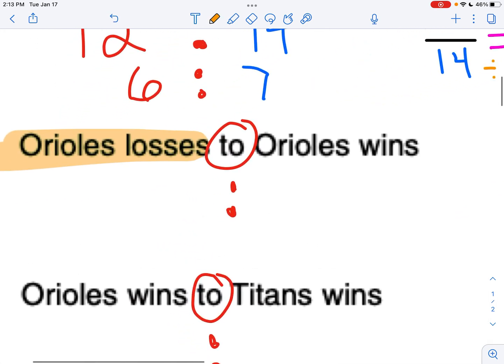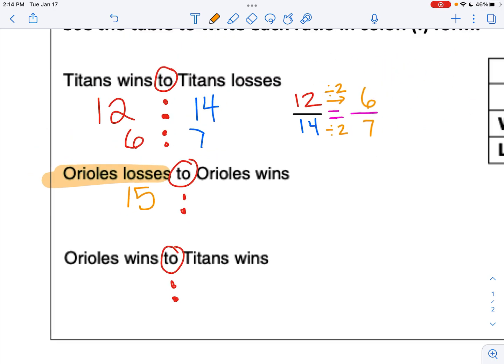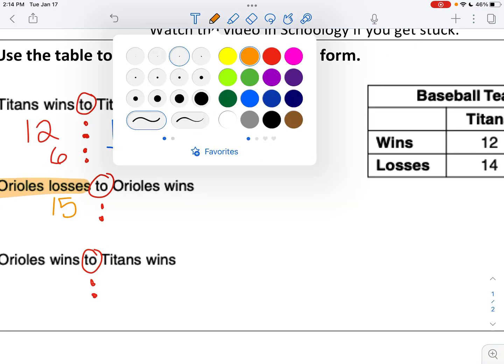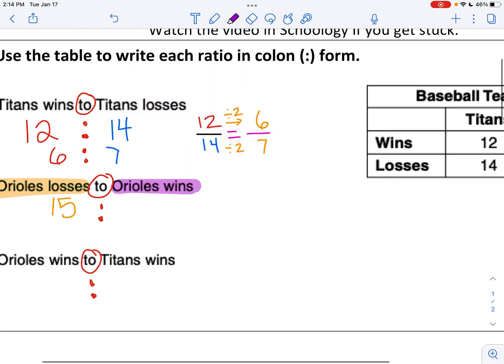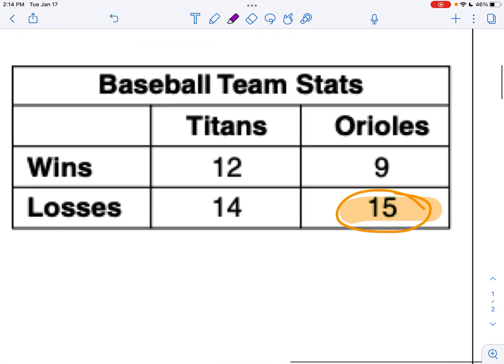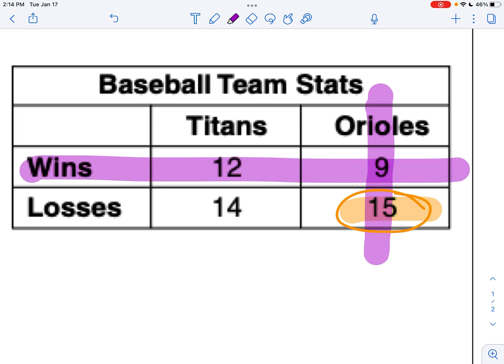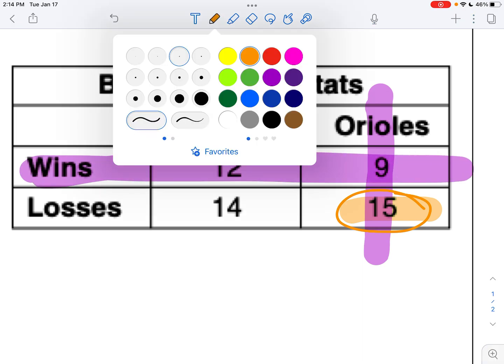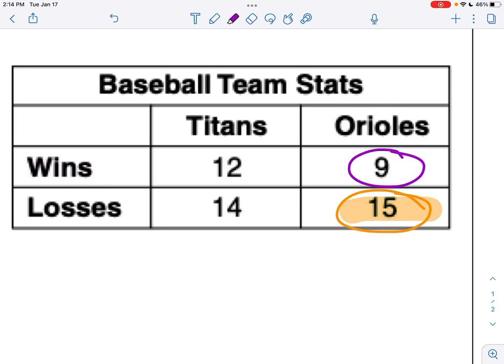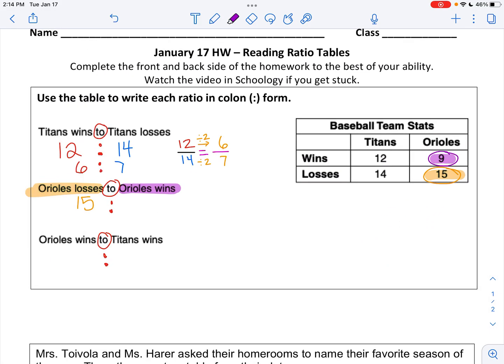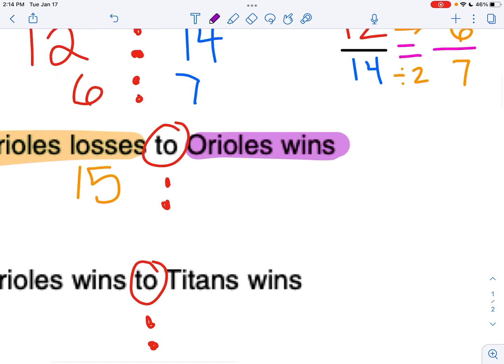Right, 15 here. On the other side, let's use purple. Orioles wins. So now that number looks like 9. Right, 9 underneath Orioles wins.